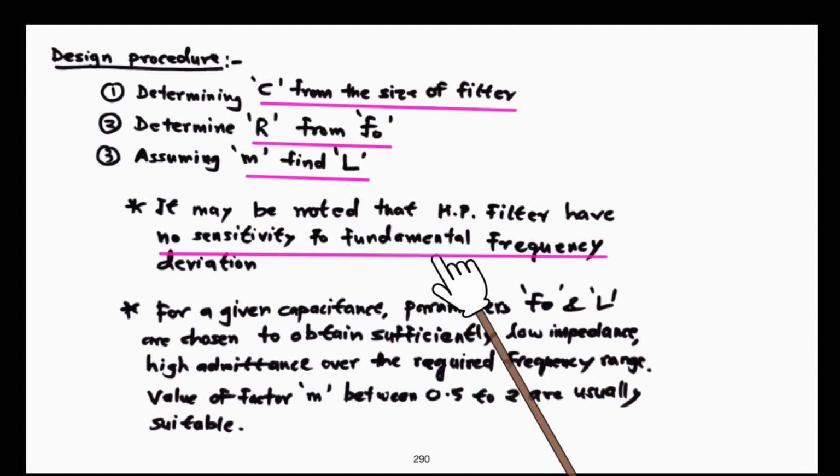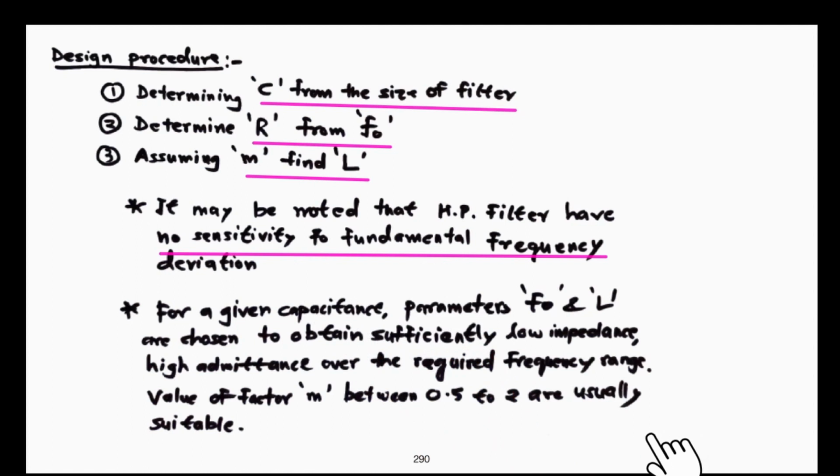We just have to select one cutoff frequency, and even if a slight variation occurs, it will be able to take care of all higher order frequencies. Since it is taking care of a band of frequencies, the critical tuning is not required here, and it is not sensitive to fundamental frequency deviation.